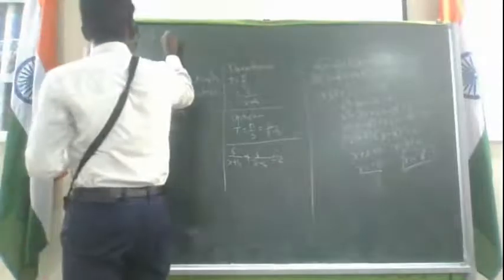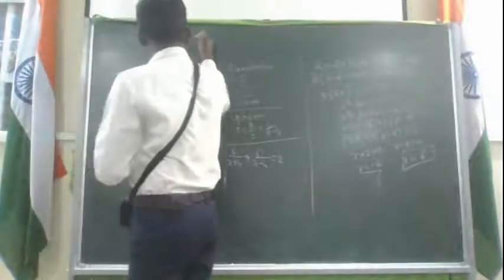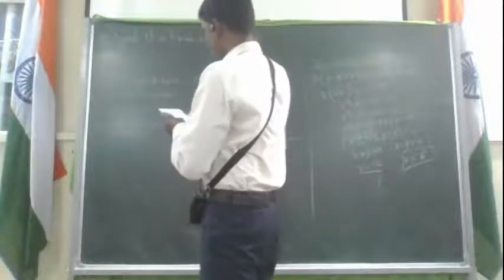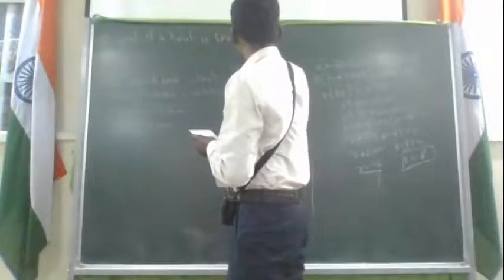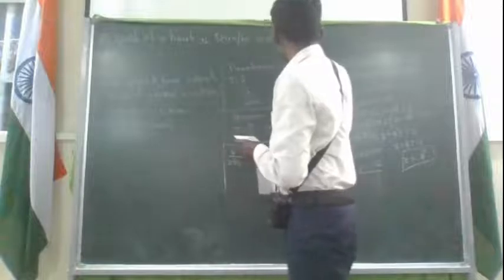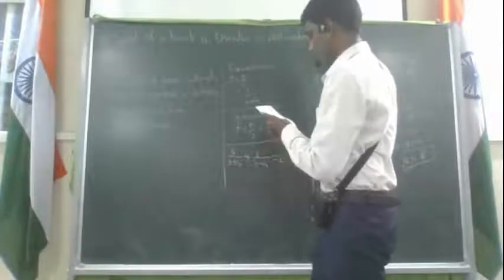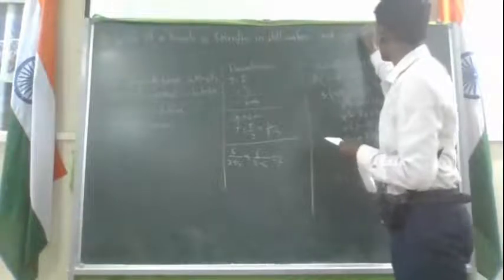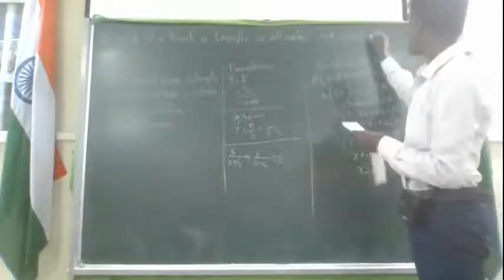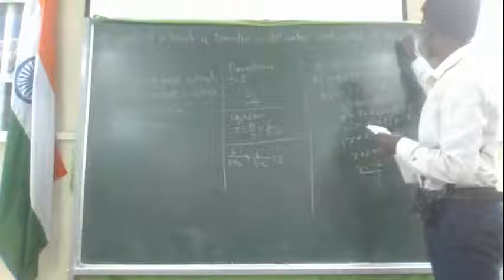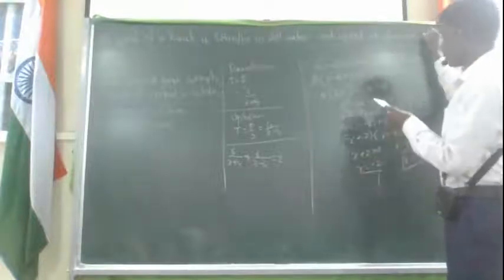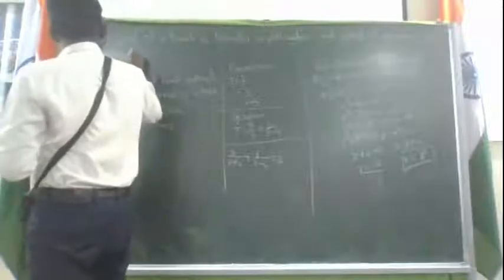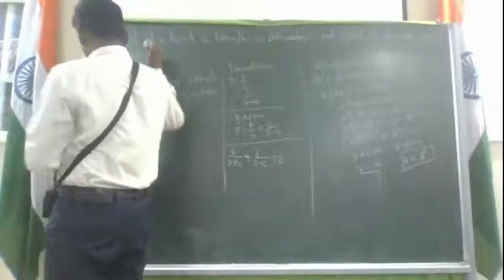Speed of a boat is 5 km per hour in still water, and speed of stream is 3 km per hour.